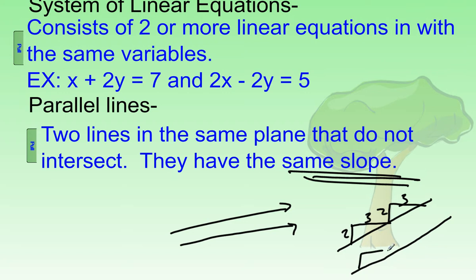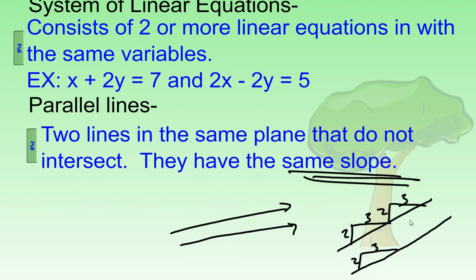It has to be up 2 over 3, because if the slope is not the same, eventually that line might slant a little bit. If it's up 3 over 2, it's going to be a little bit too high, and eventually they're going to intersect someplace. Or if one slope is positive and the other is negative, they're going to intersect. So the only way you'll get two lines that are parallel is if they have the exact same slope.